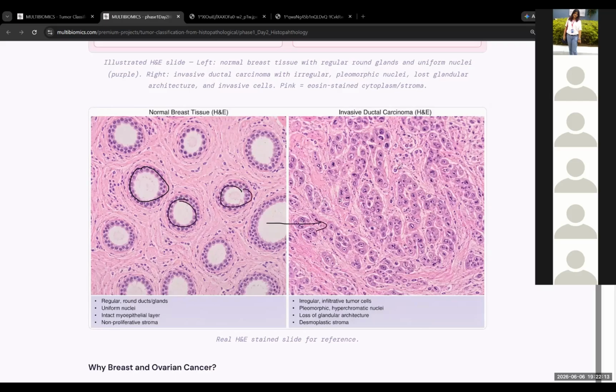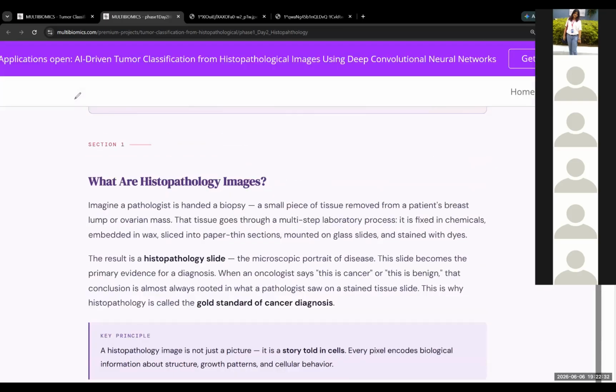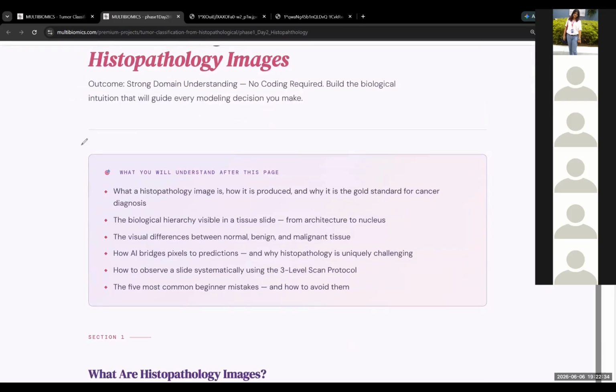But in the same thing, you see, the glands have disappeared. There's no structure, nothing. So apart from pixels, color, density, edges, patterns, all these things, your AI model should be able to get it and distinguish between normal and benign or benign and malignant.